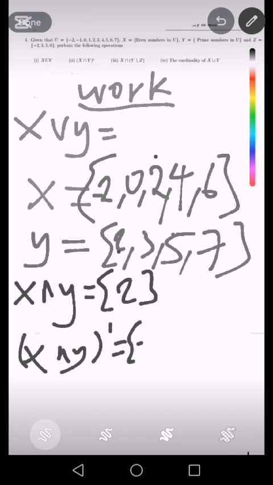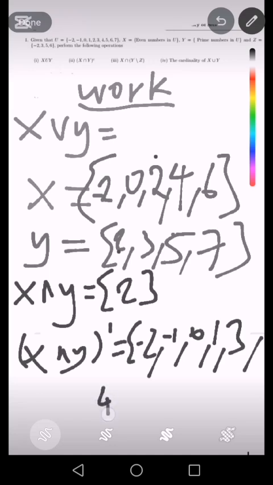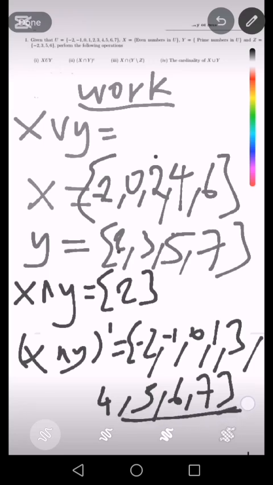It is -2, -1, 0, 1, we will not include 2, so we go to 3, 4, 5, 6 and 7. That is the complement. That's the answer.